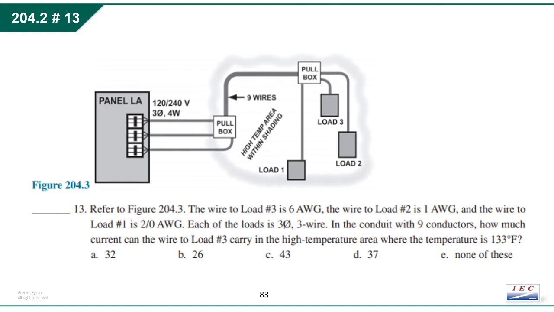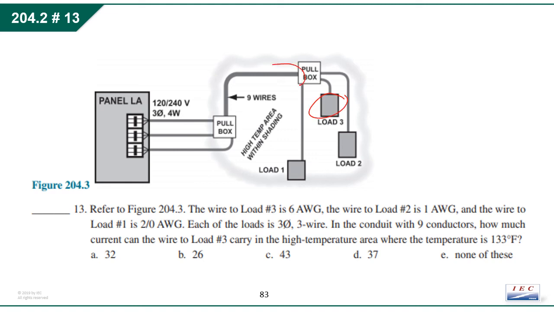So for example, we have a load here, and the wire to load number 3 is 6 gauge, the wire to load number 2 is 1 gauge, the wire to load number 1 is 2/0. Each of the loads is 3-phase, 3-wire, in the conduit with 9 conductors. How much current can the wire to load number 3 carry in the high temperature area?